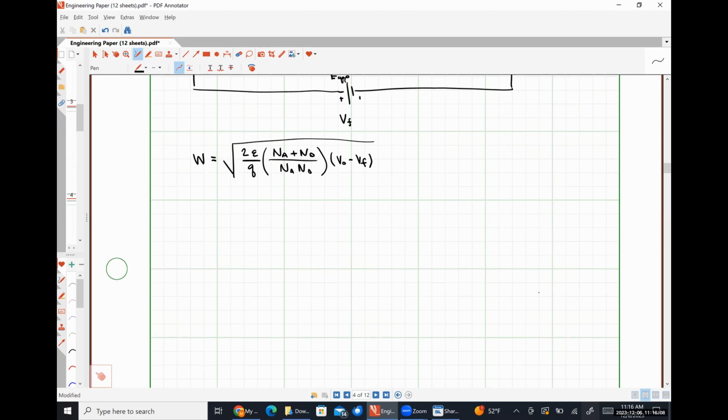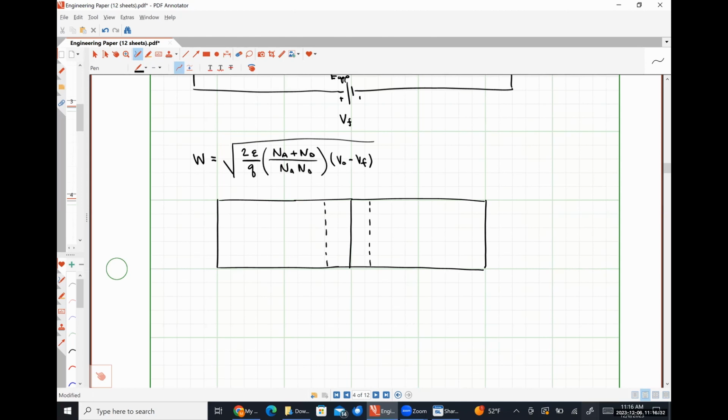I'm going to attempt to draw this thing here. So here's our crystal. This is our new depletion region width.